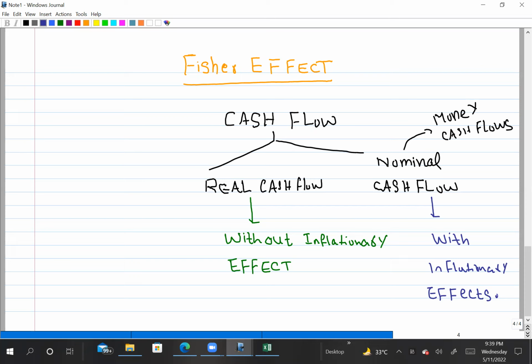The cash flows in which inflation has been adjusted are known as nominal cash flows, and the cash flows in which the inflation is not adjusted are known as real cash flows.